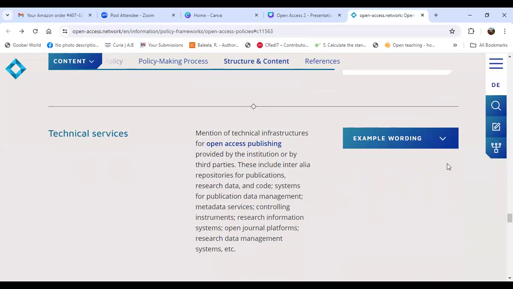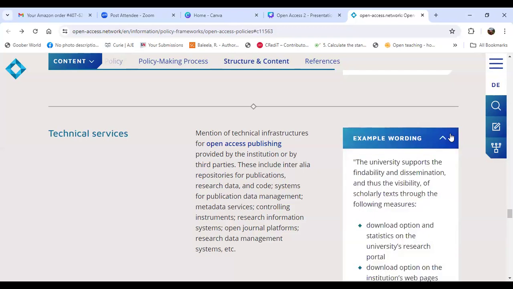So you need to mention technical infrastructures: servers, institutional repositories, open access repositories for publication, systems for publication and data management, metadata services available, controlling instruments, research information systems, open journal platforms, like, for example, if you're using Open Journal Systems at the PKP or another platform, research data management systems, etc.